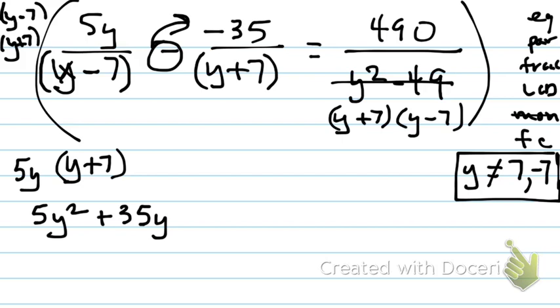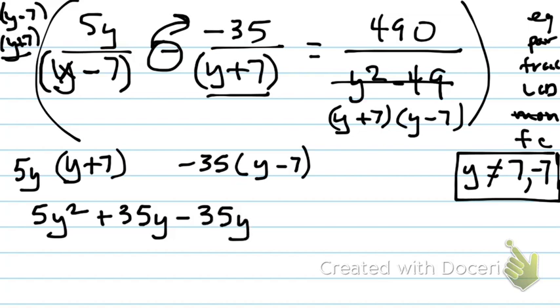Go to the second fraction. What's the same here and here? The y plus 7, so they divide away. So that leaves me negative 35 times what's left in my LCD? Y minus 7. Multiplying that out, negative 35 times y is negative 35y. Negative 35 times negative 7 is positive something.